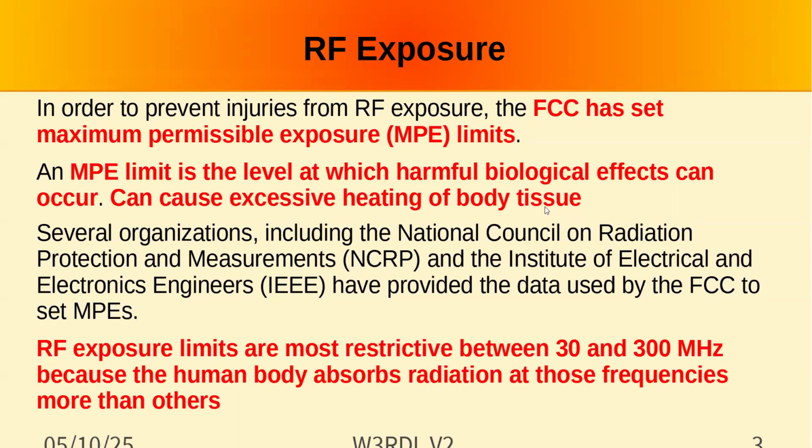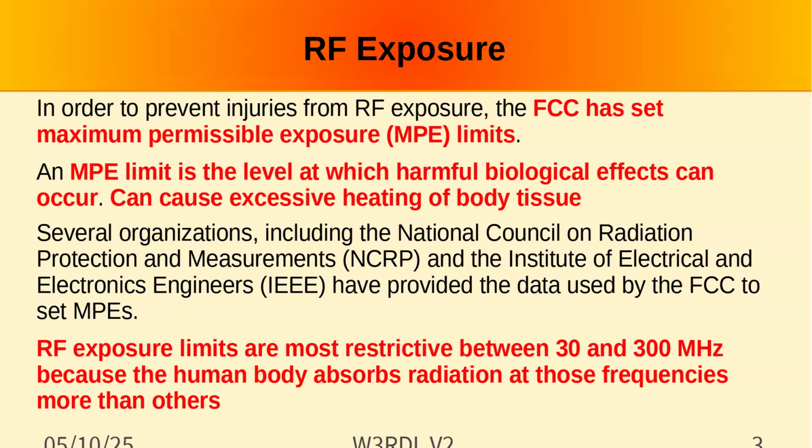So the FCC, I'm not sure exactly when, actually got it from the IEEE. If you remember the chart, which is coming up later, which shows the exposure versus frequency, they set that as the maximum permissible exposure limits for a controlled environment.